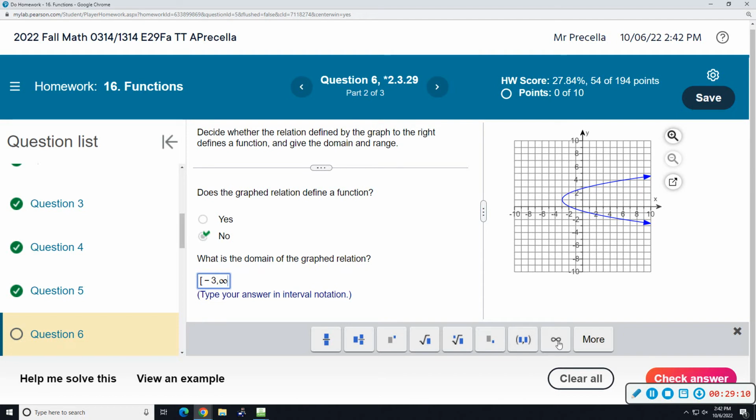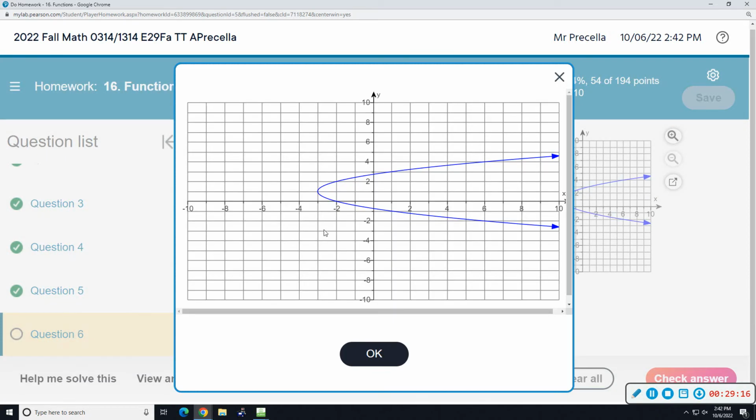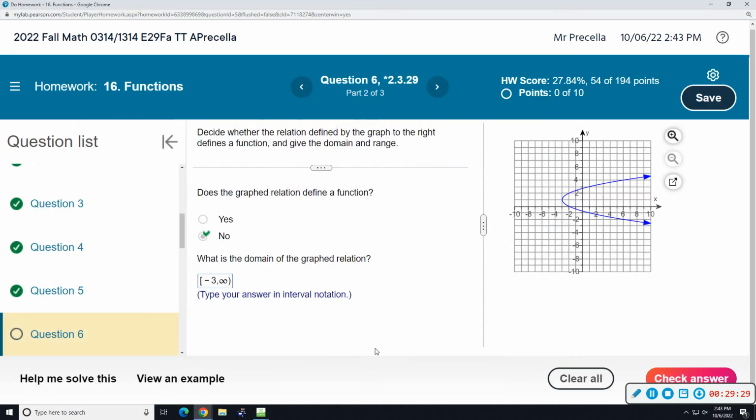What you're saying is that all of the x values start at negative 3, and then they just keep getting bigger and bigger. There are no negative 4 x values or negative 5. So let me check this one.